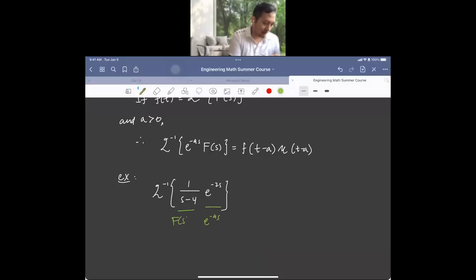And this is F of s, and the part that becomes f of t minus a. So let's invert 1 over s minus 4. It becomes e, right?